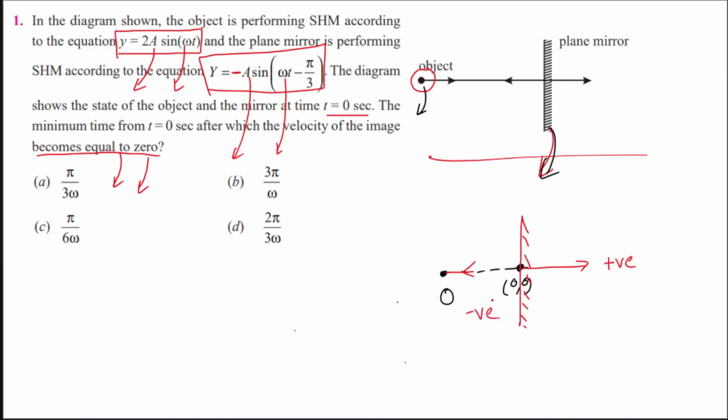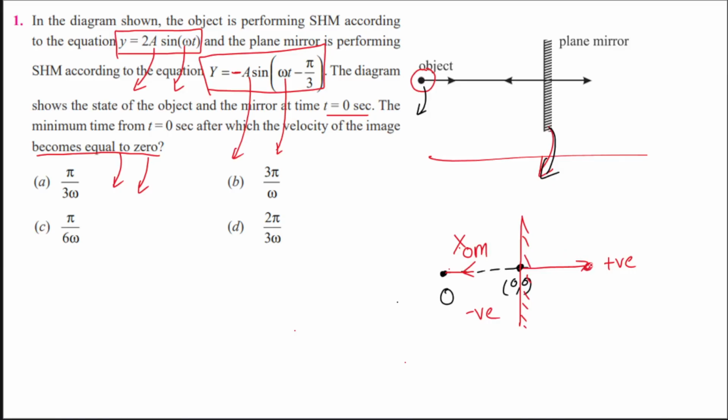Okay. Now, let us say this is the distance of object with respect to mirror, because this origin is lying on the mirror, right? So you can say distance of object with respect to origin. Origin is where? On the mirror. So you can say this is the distance of object with respect to mirror.